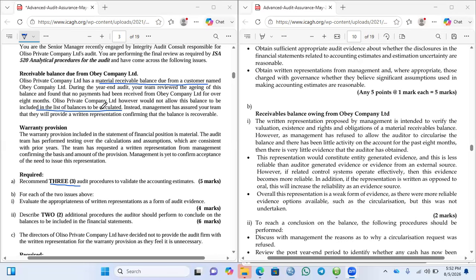So on that basis, even if management gives a written representation that the company was owing them, since management did not allow them to circularize, whatever management gives in the form of a written representation is not enough evidence. Right? Is that what they are saying?